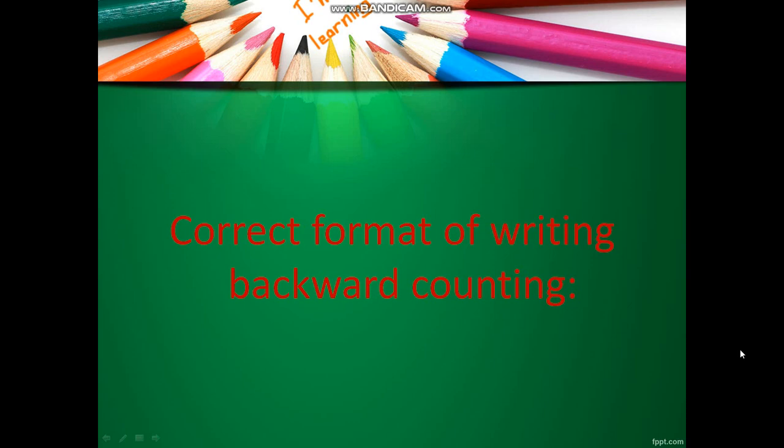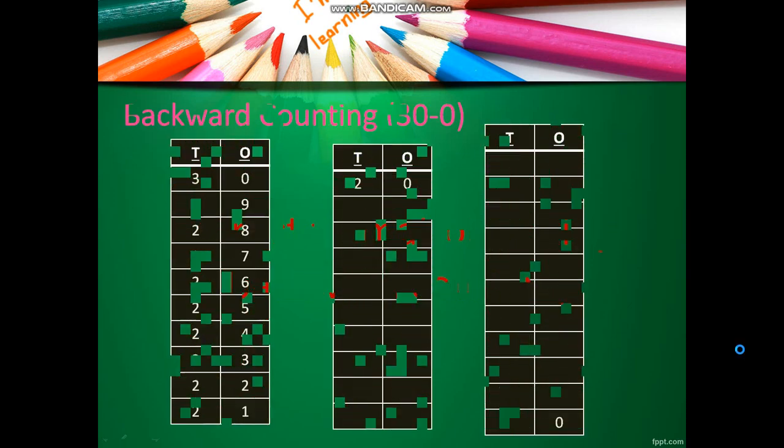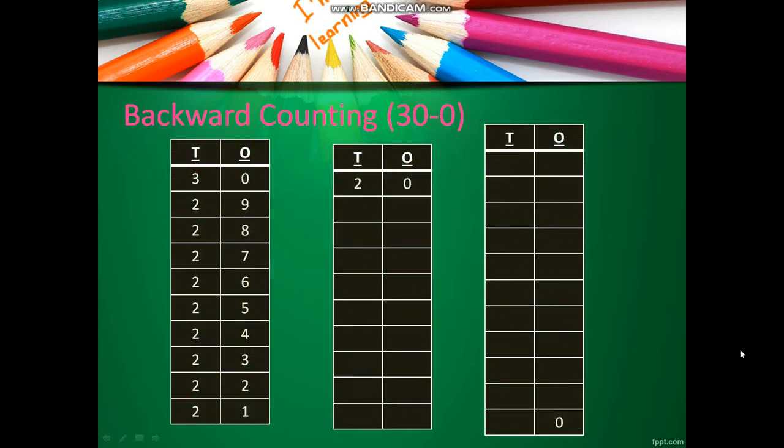So students, let me show you the correct format of writing backward counting. Here is the correct format. You can see that there are two digits in 30.